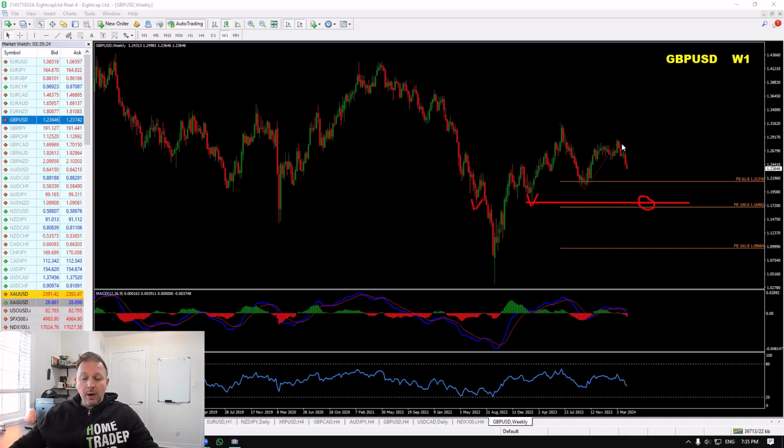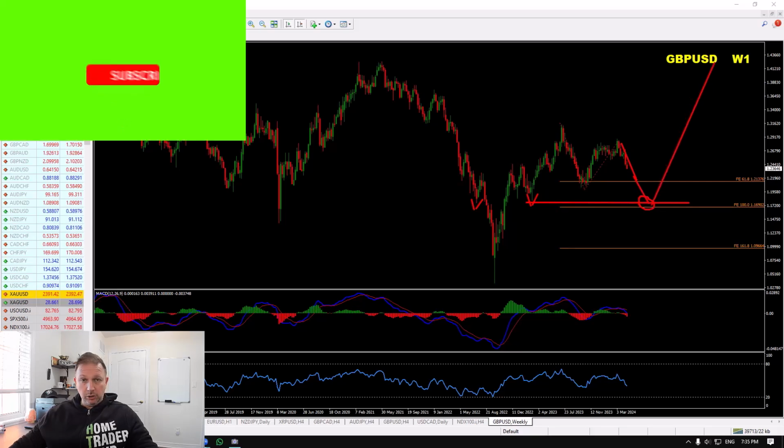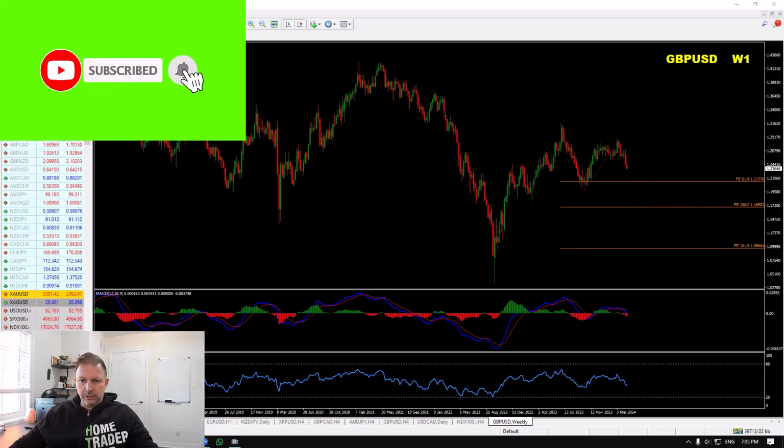Once that completes, either the ABCD to the 61.8 and a range, or as discussed before, the ABCD to the 100%, from there for the long term I expect further buy continuation.